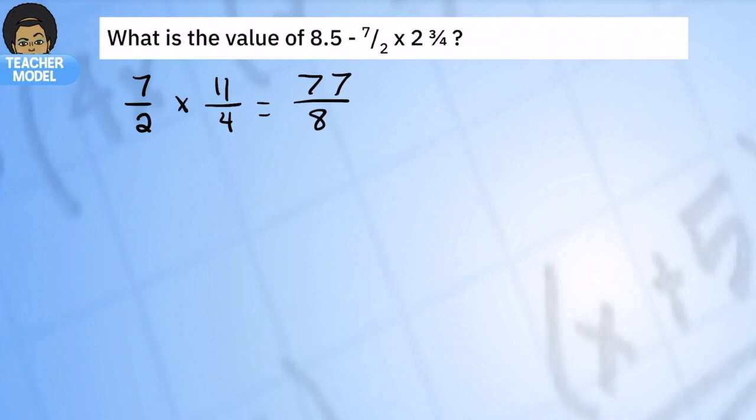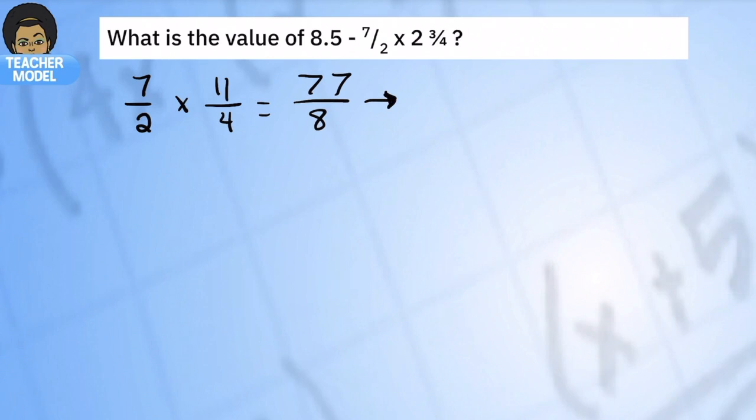And I'm already looking at this 77, and I'm having thoughts, because I know I'm going to have 8 5/10 minus 77 over 8, and we have some decisions to make. First off, I'm not too interested in working with 77 over 8. It's a very complicated number.